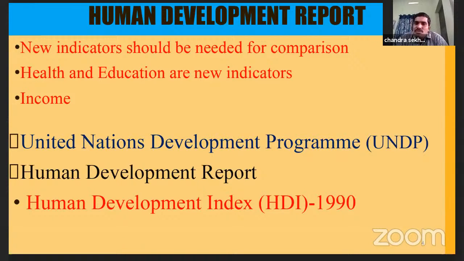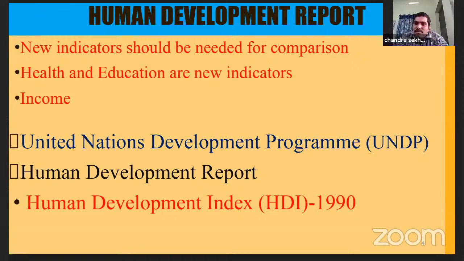To understand the socio-economic conditions of the people, we need some more indicators or parameters for the comparison purpose. For that purpose, the United Nations Development Program, UNDP, is preparing a report, that is Human Development Report, HDR. Every year it prepares the Human Development Report.